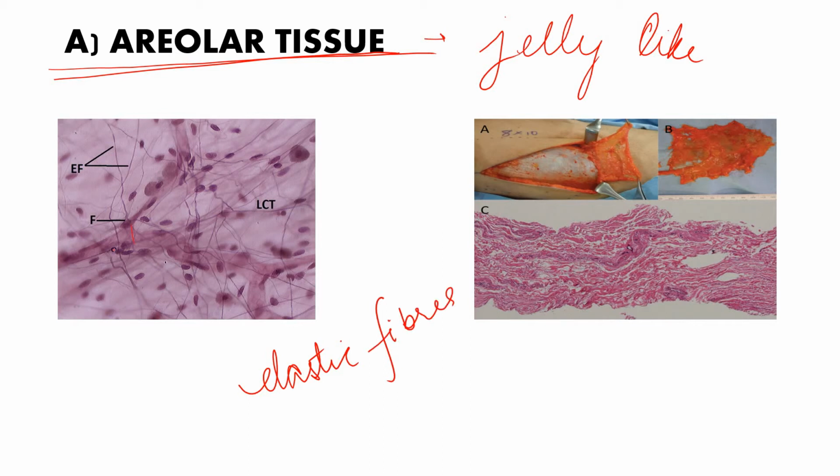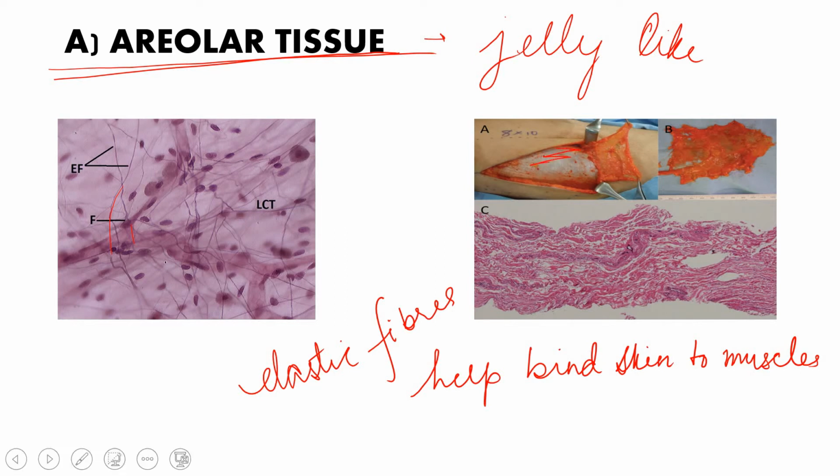Can you see these thin threads? These are the elastic fibers and they help bind skin to muscles. You can see here, suppose this is the outer skin, the epidermis, and you can see the muscle, this one.